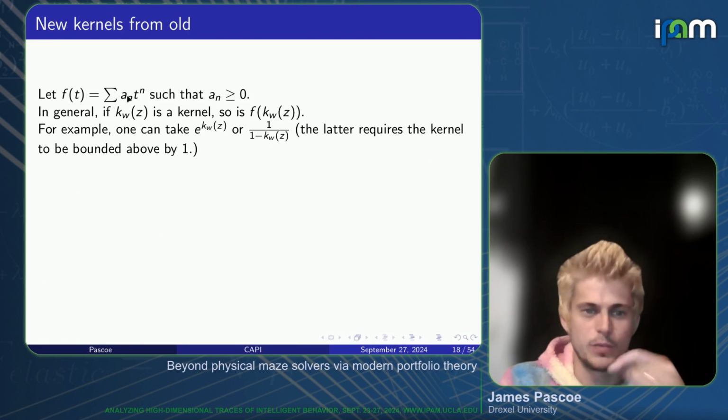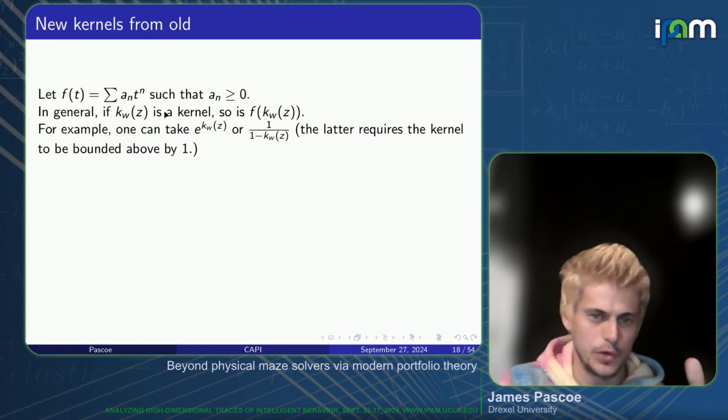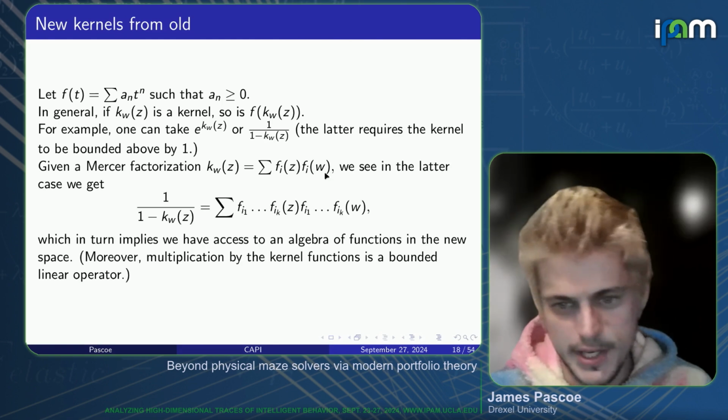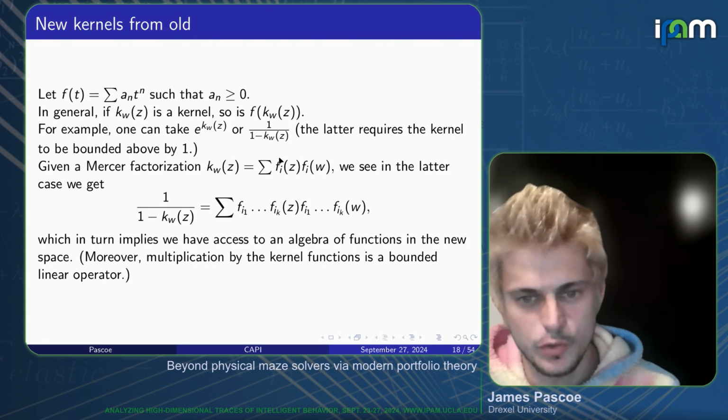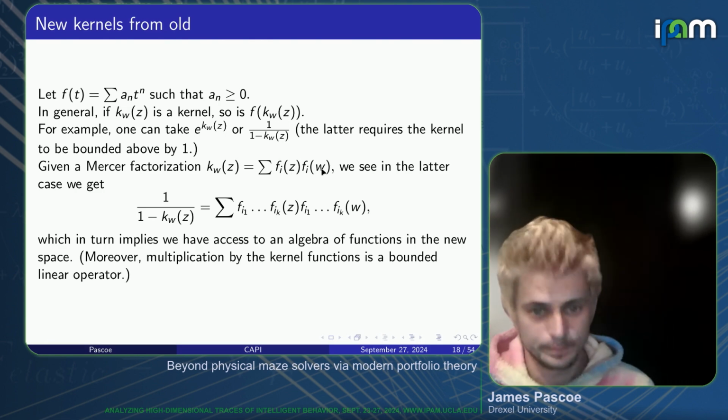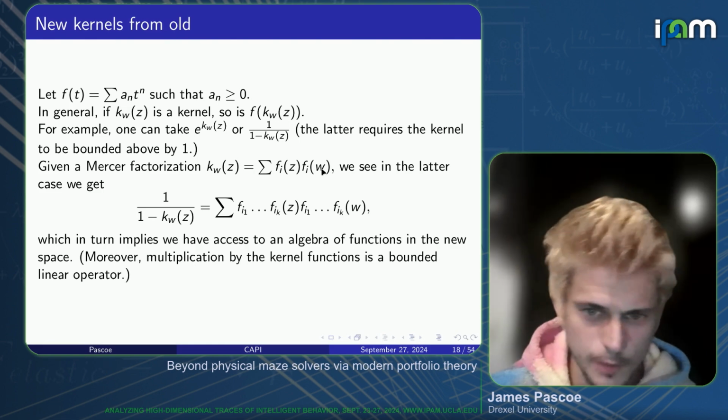So one thing that's nice is what happens whenever I take these transforms going from a kernel to some new kernel. Well, kernels, if we're on, say, a compact set, we can write them as a sum of squares like this, fi of z times fi of w. It might be an infinite sum, but it will converge.